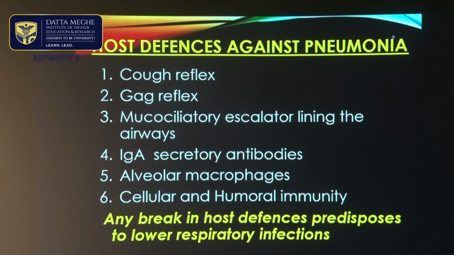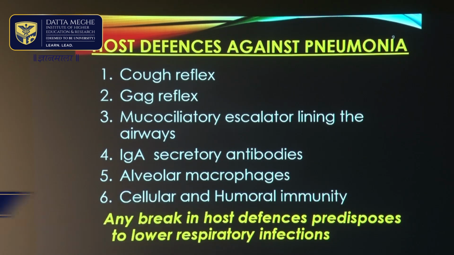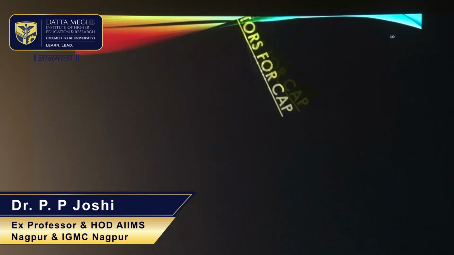The respiratory epithelium also secretes IgA antibodies, and there are alveolar macrophages. In addition to these, in the blood we have humoral immunity, antibodies are present, and cellular immunity is present, which prevent pneumonia. So these are host defense mechanisms, and any break in these defense mechanisms predisposes a patient to develop lower respiratory infections and pneumonia.